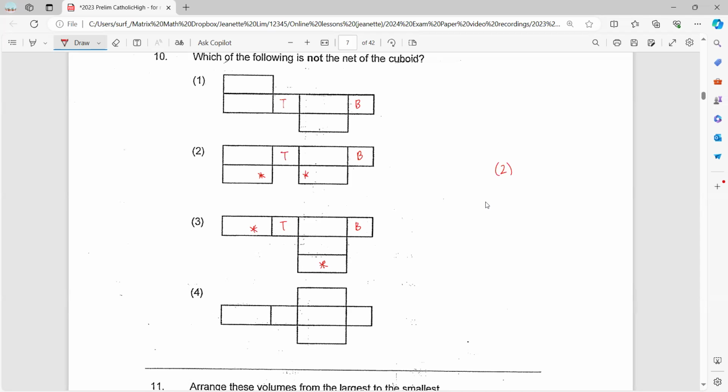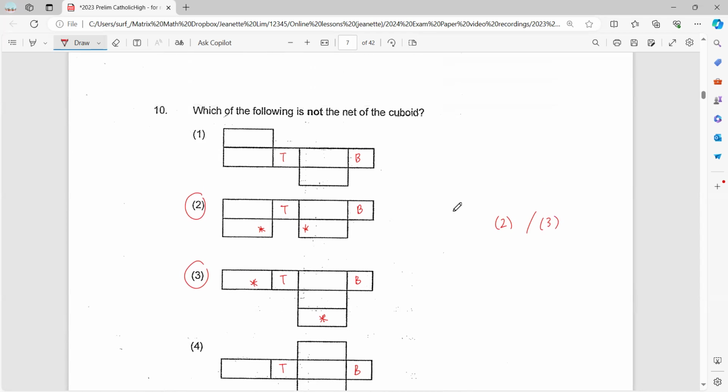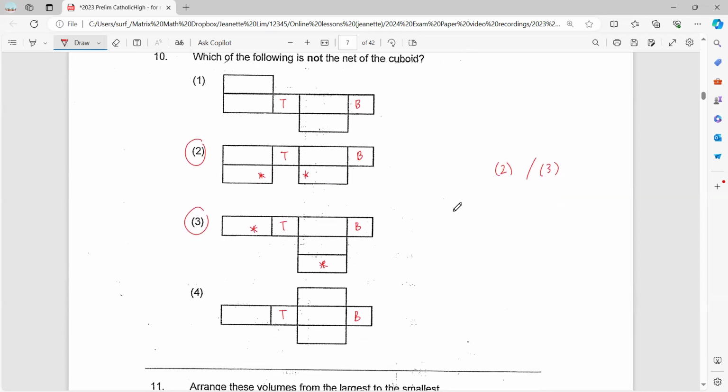So option 2 is not a net of a cuboid. Option 3 is also not a net of a cuboid. And this one is, this is the top, this is the bottom, and then you have the sides. So there's actually 2 answers here. So that's the error in this question. No one solution, okay?